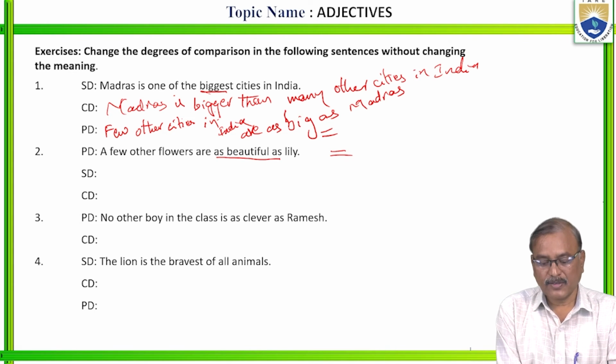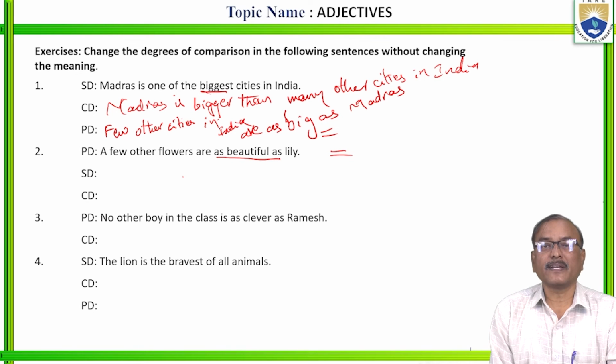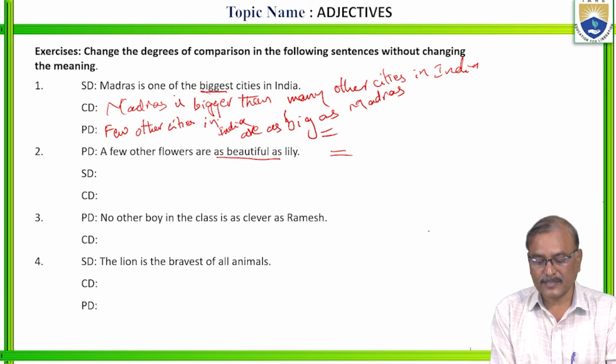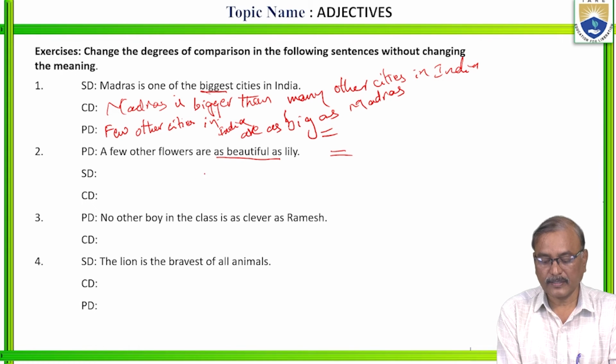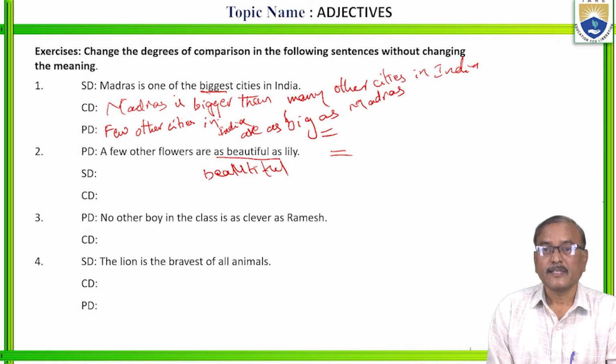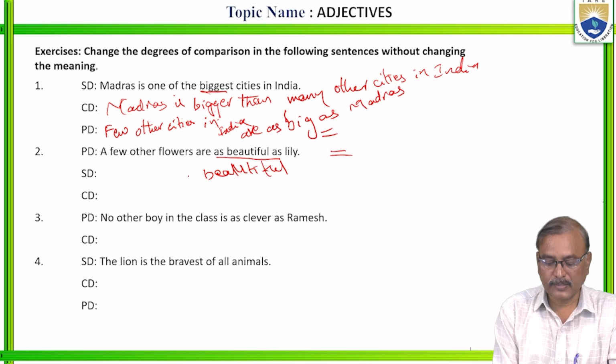So he is asking us the superlative degree. When he is asking us the superlative degree, what shall we do here? Beautiful. Right? Can we say beautifulest? No. The most beautiful. Okay.